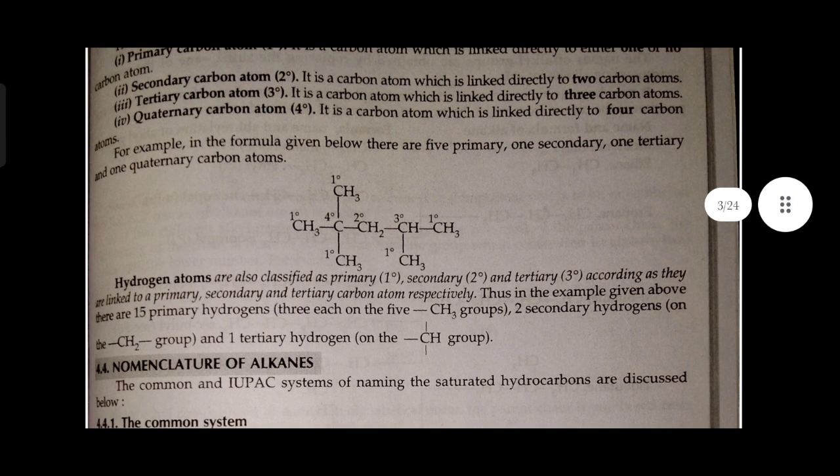Hydrogen atoms are also classified as primary, secondary, and tertiary according as they are linked to primary, secondary, and tertiary carbon atoms. Thus, in the example given above, there are 15 primary hydrogens, 3 each on the 5 CH3 groups, 2 secondary hydrogens on the CH2 group, and 1 tertiary hydrogen on the CH group.